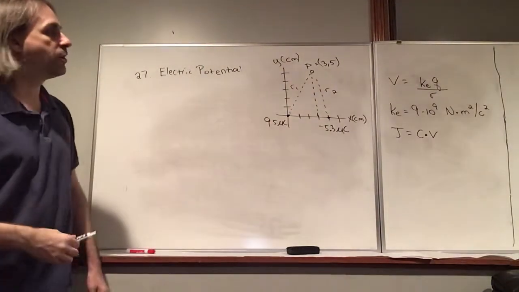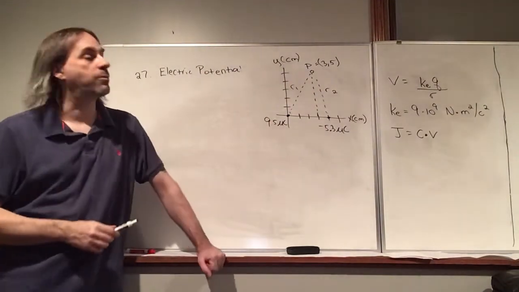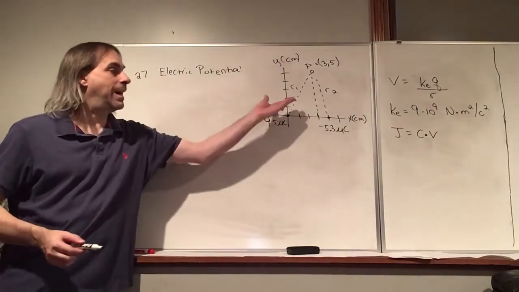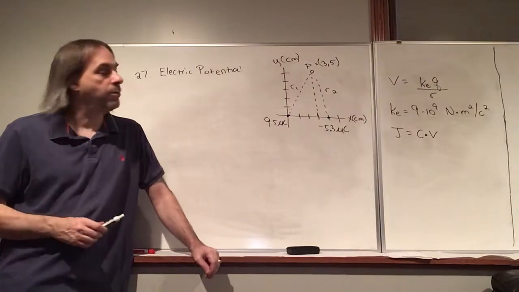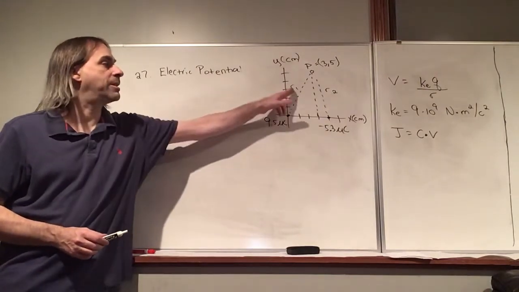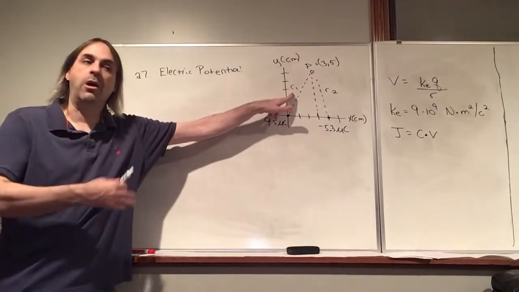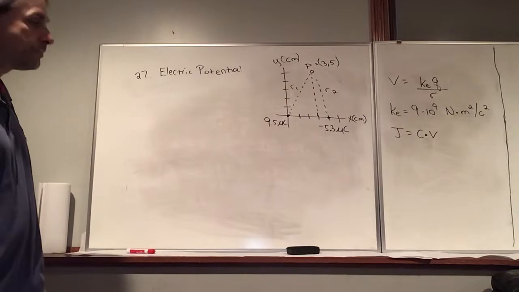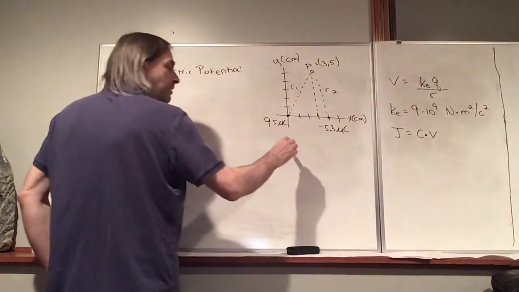Well, we didn't really have to do that. The way we find them is with the Pythagoras theorem, where we square the sides, add them up, and take the square root. Well, we didn't actually have to do that with electric fields because we didn't want R, we wanted R squared, so we never had to bother taking the square root. But let's calculate R1.